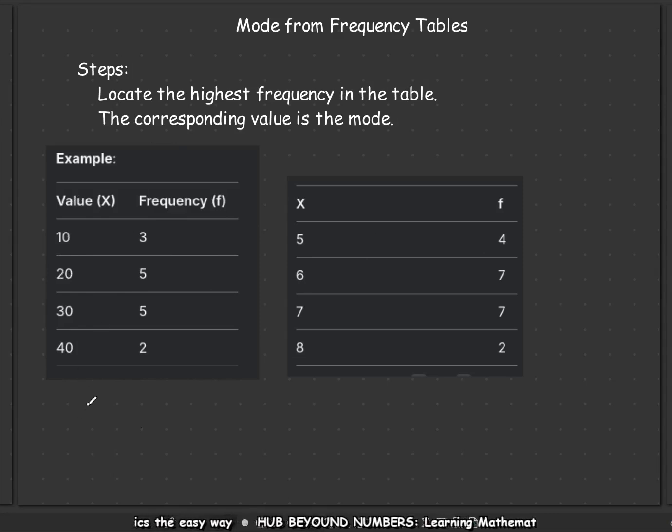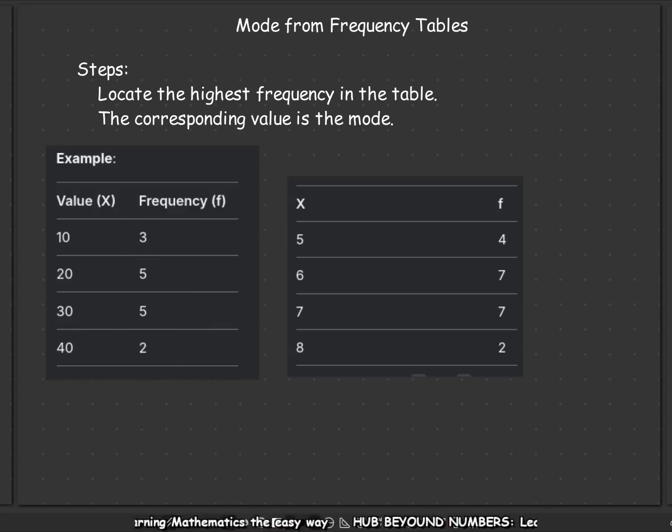These are our values of X: 10, 20, 30, and then 40. And these are their corresponding frequencies. It simply means 10 occurred 3 times, 20 occurred 5 times, 30 occurred 5 times, and 40 occurred 2 times. What is the highest frequency?